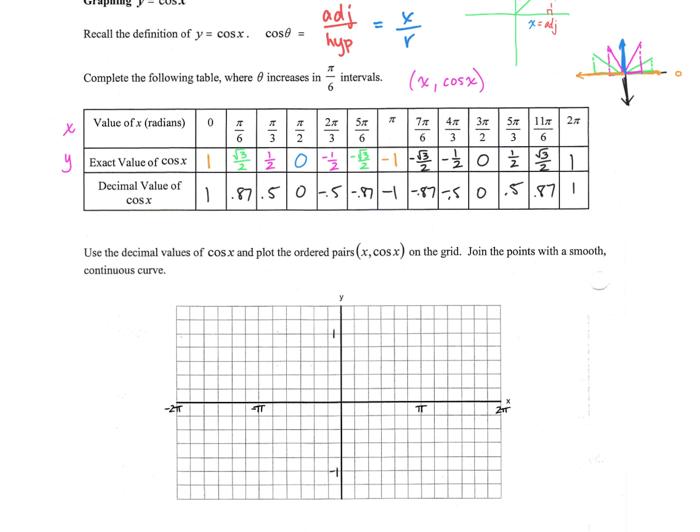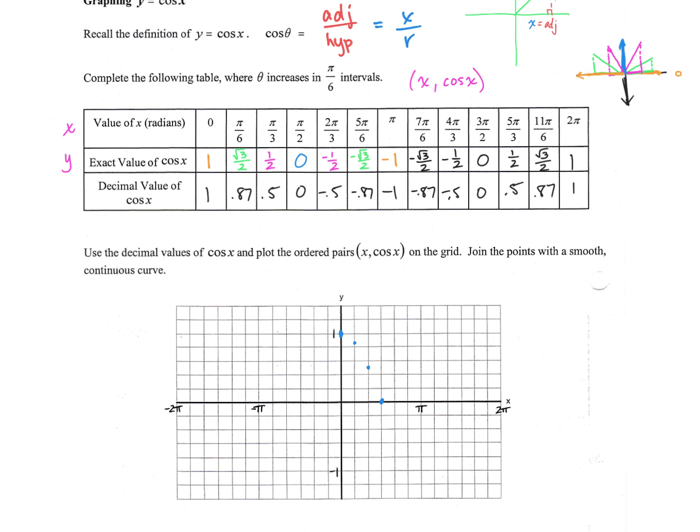So we notice because we start on our positive x-axis, our adjacent side is at 1. So we start our cos curve at our maximum. Again, you'll notice the scale is 0 to 2 pi with each of those grid lines being a pi by 6. As we start to rotate, our adjacent side gets smaller until we're at pi by 2, where that adjacent side is 0.